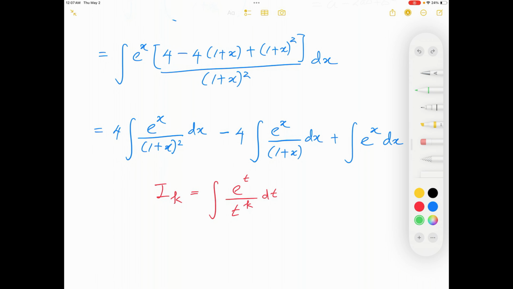In order to do that, the very first thing is I need to have this e raised to the exponent be exactly the same as the base in the denominator, which is 1 plus x. How do we do that? We can multiply both top and bottom by e. I multiply by e and divide by e.